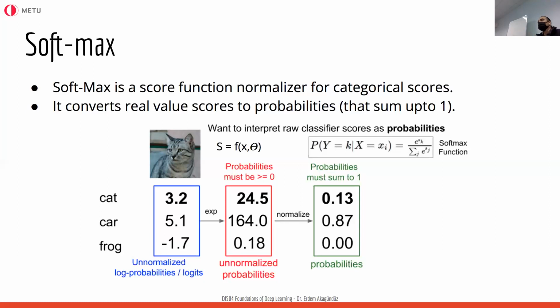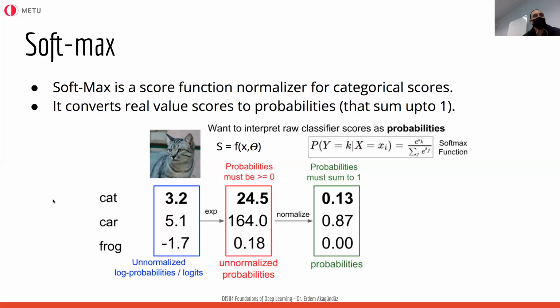So think of them as real values from minus infinity to plus infinity. The score value could be anything. It doesn't mean anything. But what we push the model to do in this case is we want the score of the correct category to be larger than the others. Negative, positive, we don't care. Larger. That's what softmax does. So being negative does not necessarily mean anything.